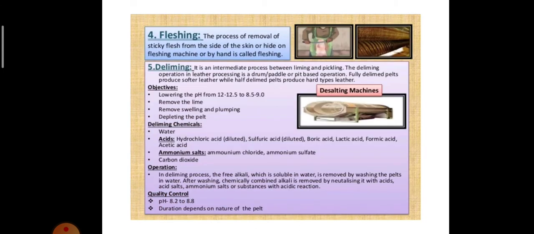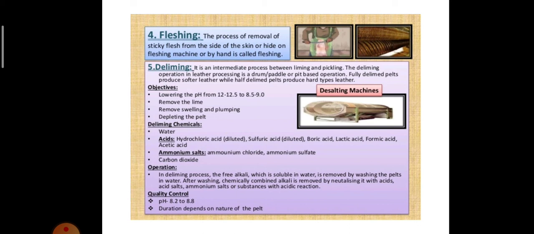The next process is fleshing. The process of removal of sticky flesh from the side of the skin or hide on a fleshing machine or by hand is called fleshing.